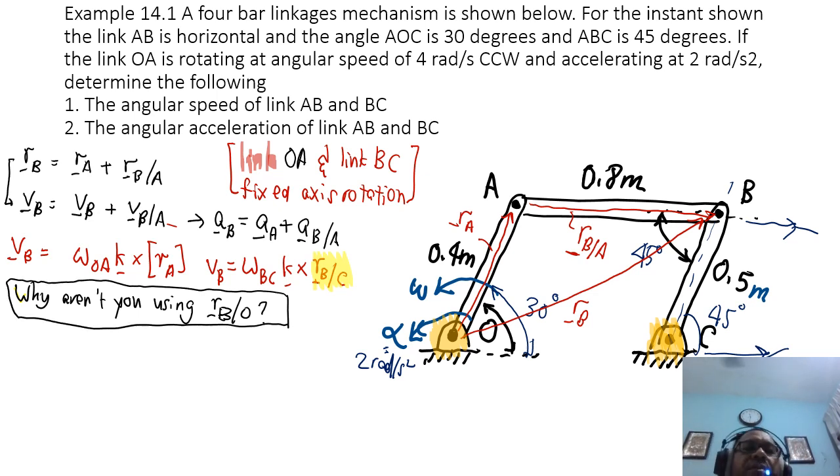The reason is that VB, even though in the position vector we put position vector B, has an associated VB, and VB here is omega OA cross position vector. This is VA equals omega OA cross position vector A, and VB is omega BC cross position vector.